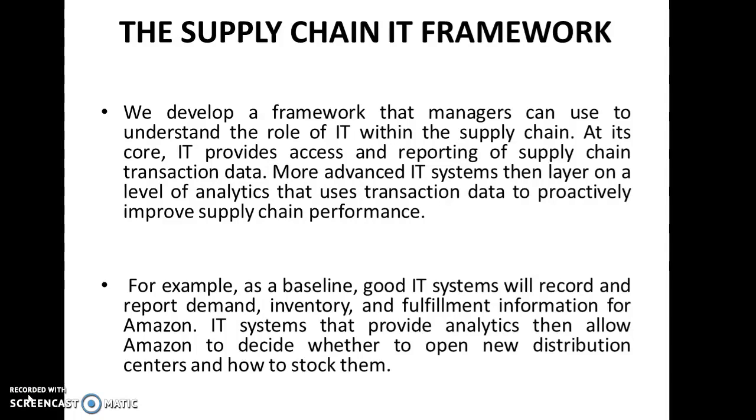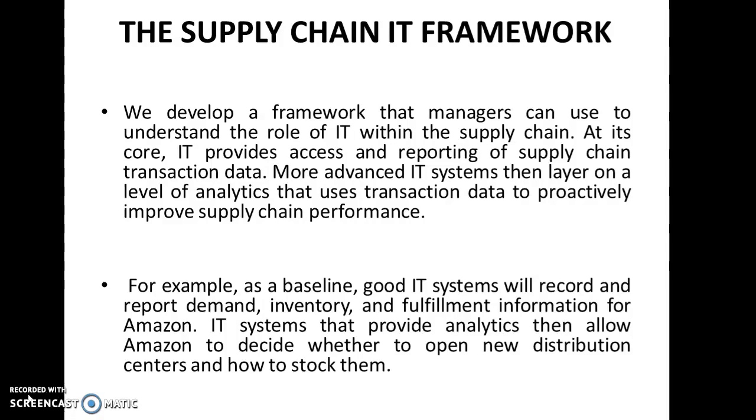For example, as a baseline, good IT systems will record and report demand, inventory and fulfillment information for Amazon. That is, as a baseline, we should access and record the various transactions that take place in terms of demand, inventory or warehousing or fulfillment information, or any kind of transaction that takes place in the particular business or firm or company.